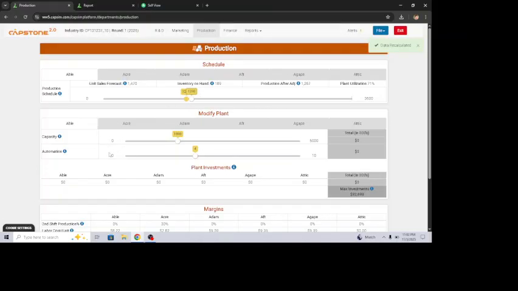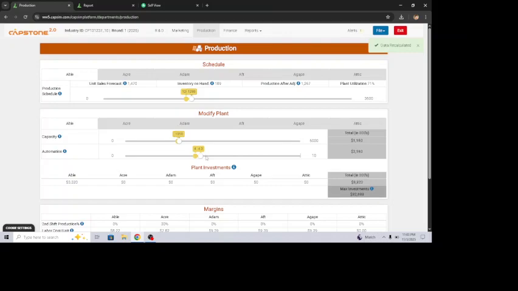And then looking at our capacity, we're going to buy a capacity of 50 to make it 1850, and then we're going to buy an automation of 0.8, so we'll increase the automation to 4.8.